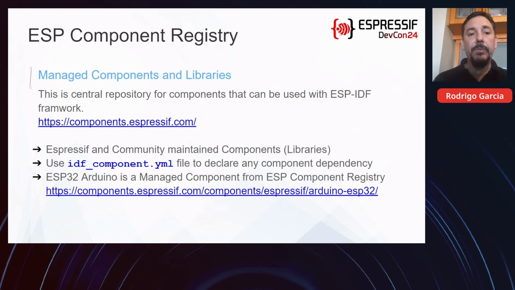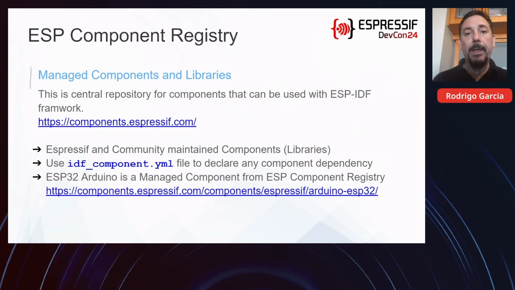IDF projects usually use the ESP Component Registry, which is a central repository for all the components that are provided by Espressif and also by the community. You can check that at that link. In order to add a component, you will modify the idf_component.yml file and declare all the dependencies there.